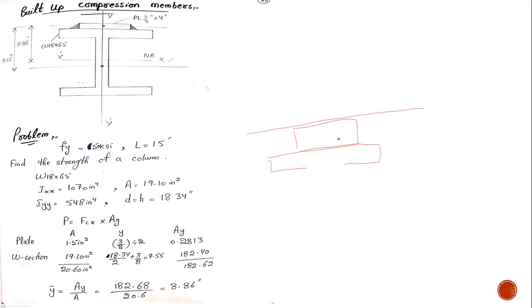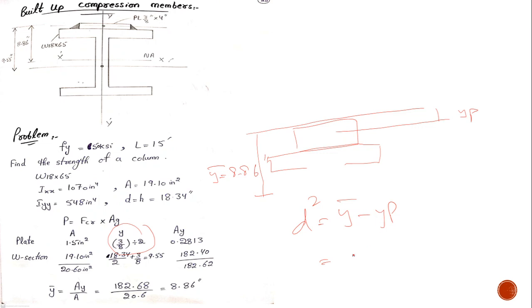and you had selected this top fiber and found this YP, and the Y dash, or neutral axis, of the entire section was 8.86 inches. So what would D be? D would be Y dash minus YP, and as it is squared, it does not matter whether you write YP minus Y dash or Y dash minus YP.